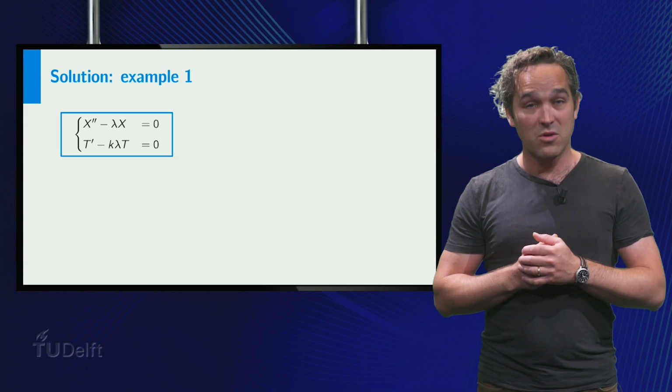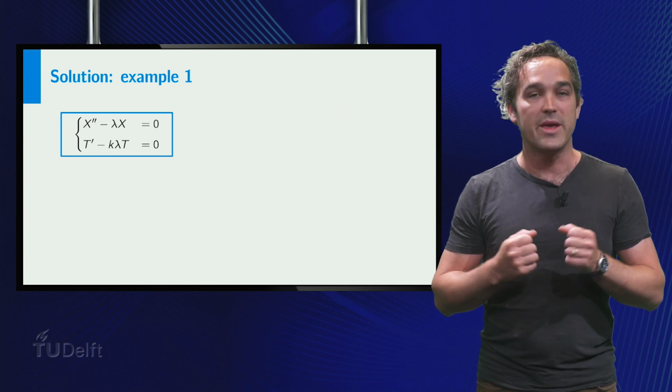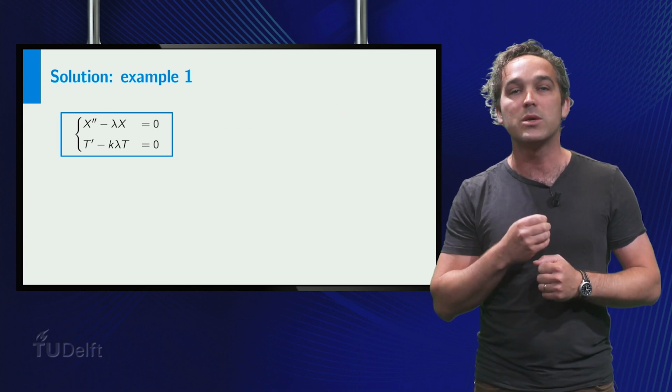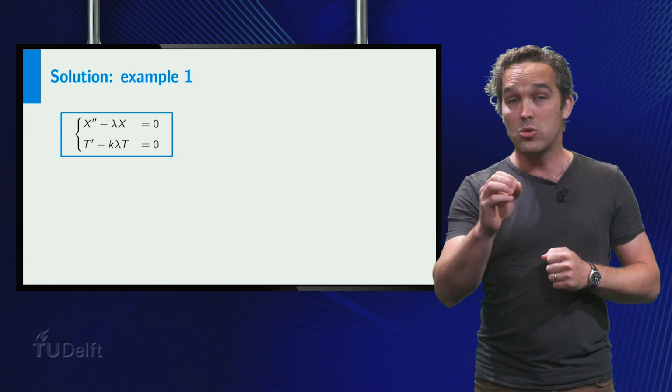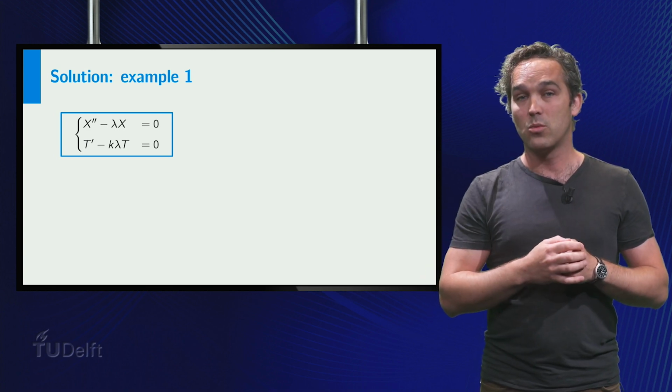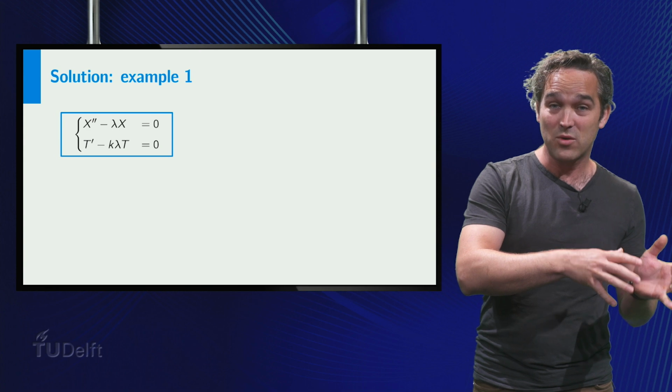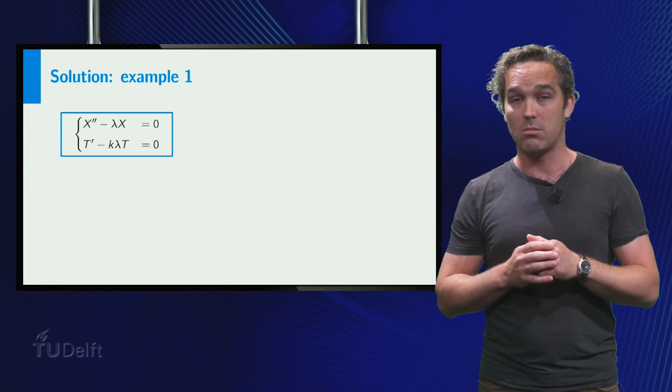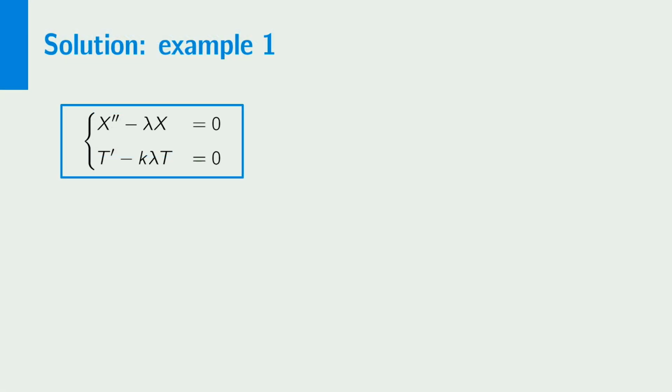Now that we have converted our PDE into a set of ODEs, let's have a quick look at some solutions. Note that for different values of lambda, we will find different solutions for capital X and capital T. For example, when lambda equals minus the square of pi over L, we find the following solution.